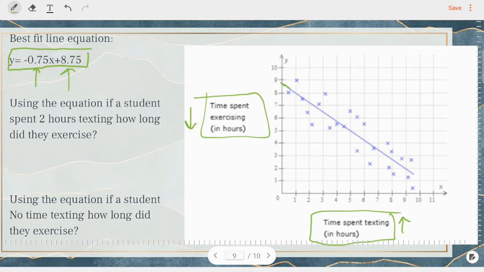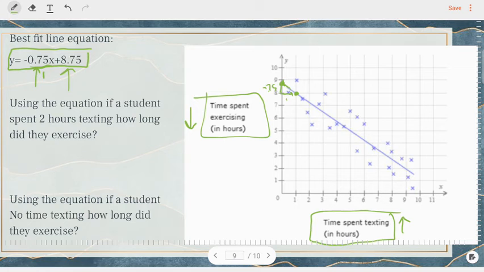Negative 0.75, that's saying from here at the beginning to my next unit, I am going down, because remember, slope is always written as a fraction. So negative 0.75 over 1, I'm going down 0.75 and over 1. So for 1 hour spent texting, the time I'm exercising is decreasing by 0.75.